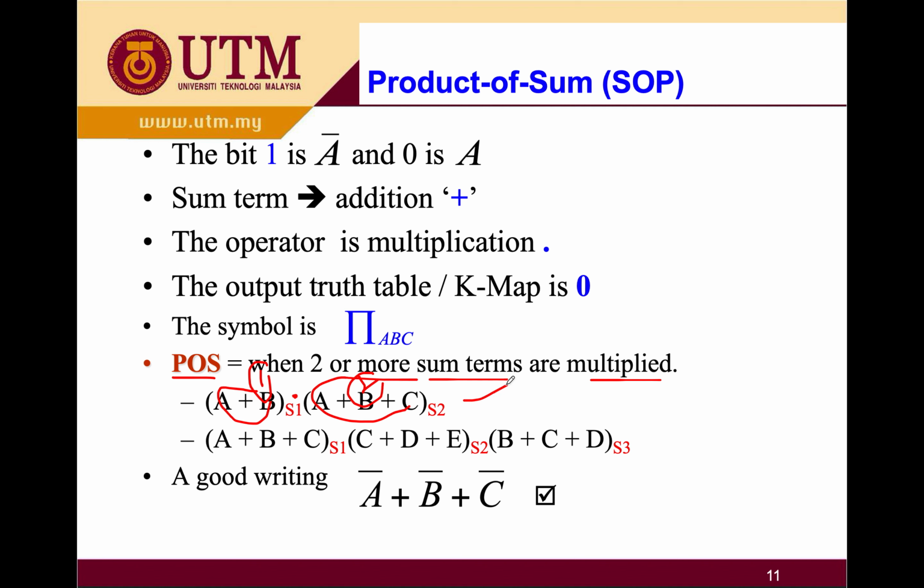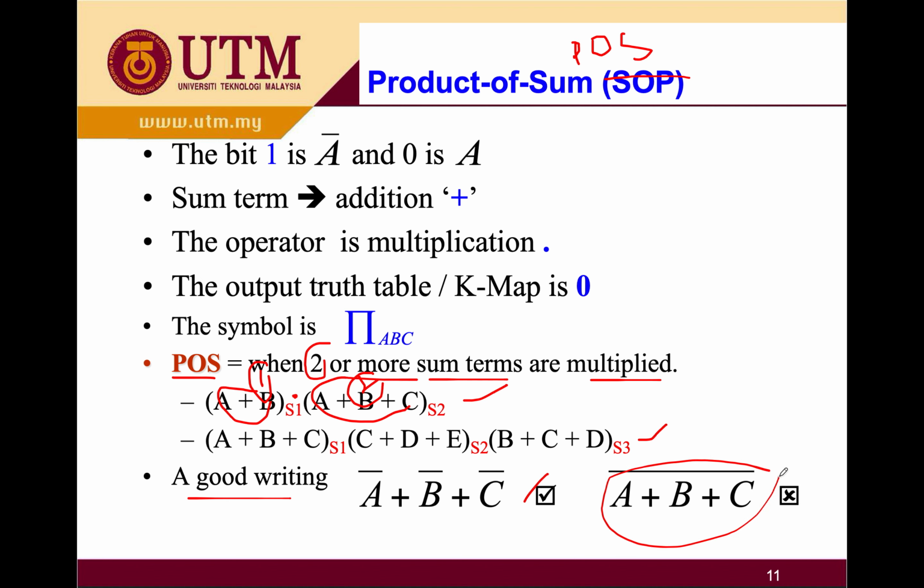This is another example, and as long as you have two, that is enough. This is POS, and the good writing is like this one, and this is another one which is not yet simplified.